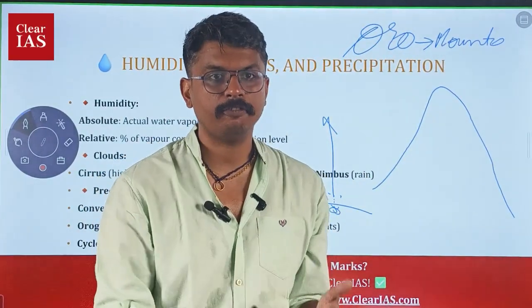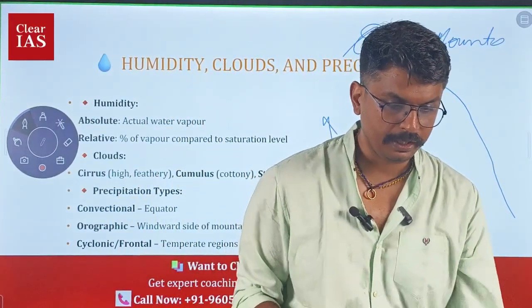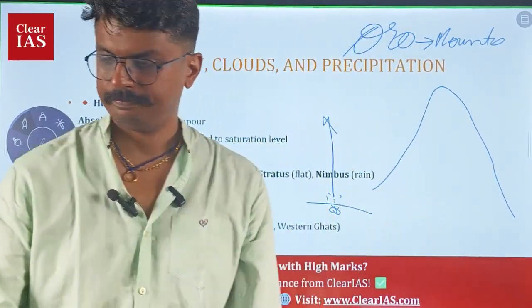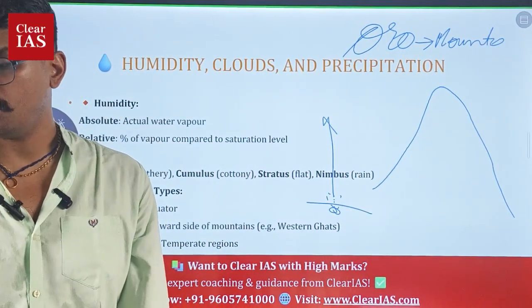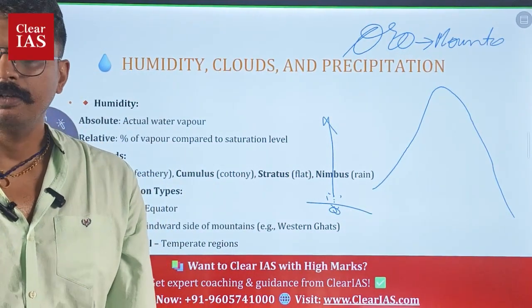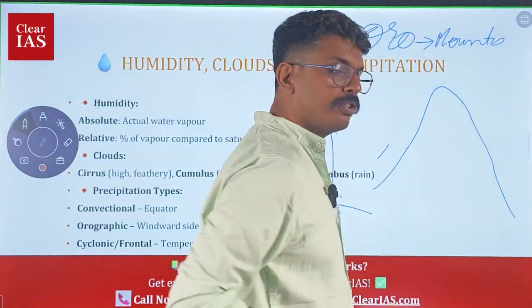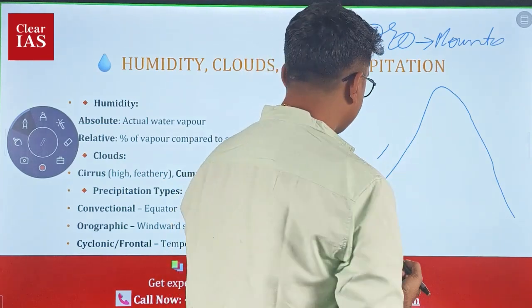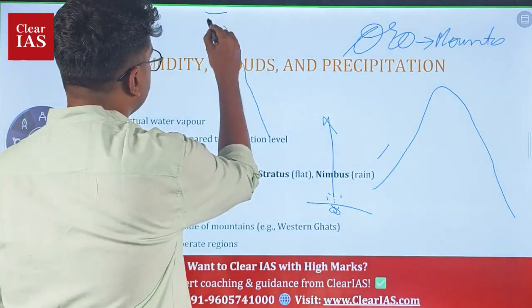Orolysis is breaking of mountains. So the word oro in geography stands for mountains. So now you can guess orographic rainfall is when the air rising is caused by mountains. Right? The best example you can talk about is the Western Ghats.